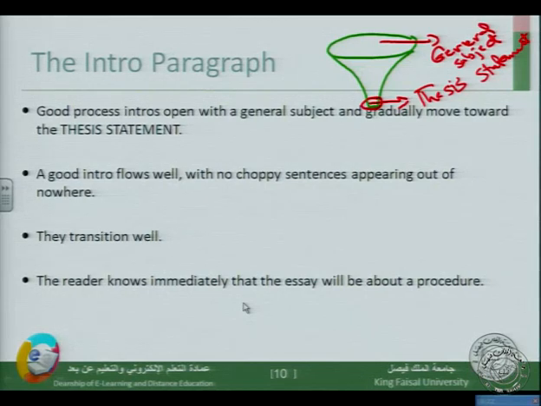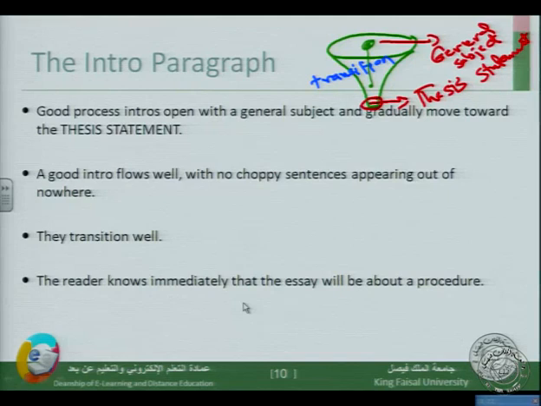So when I say however, these transition words help us narrow down the topic. Use the transitions here; they will narrow down your topic. Notice that it was general, then it became more specific.